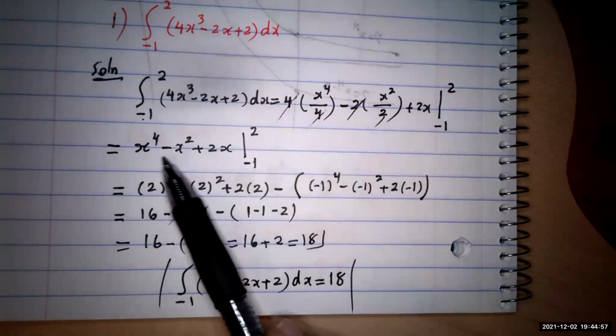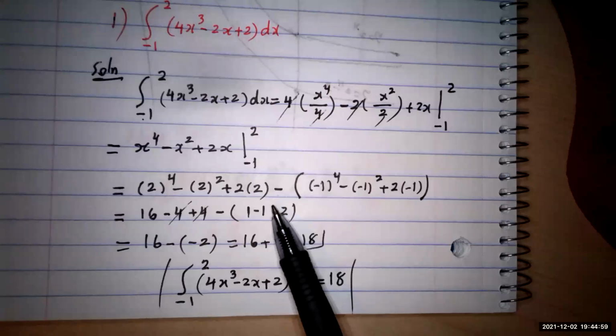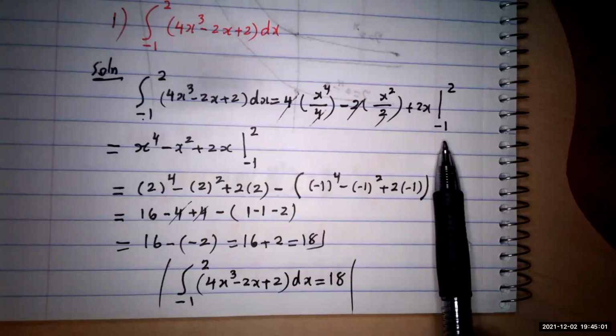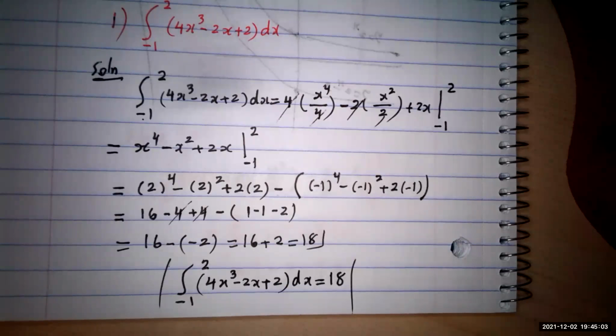You put x equal to 2 first, minus, you put x equal to -1, and then you find the result. Just make sure that when you do those operations, you arrive at the correct answer. Any question? That would be type 1.